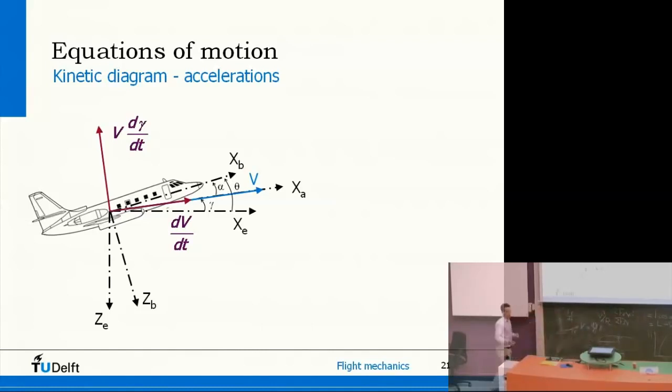In this case, you don't know what r is, so it's more convenient to work with this gamma. But you can see from circular motion there's a relation between change of flight path angle with time and the radius. So we have a vertical acceleration, and this finalizes my story about the equations of motion.